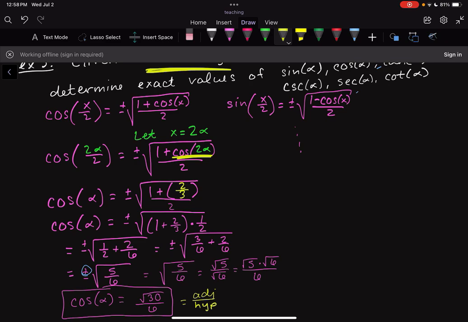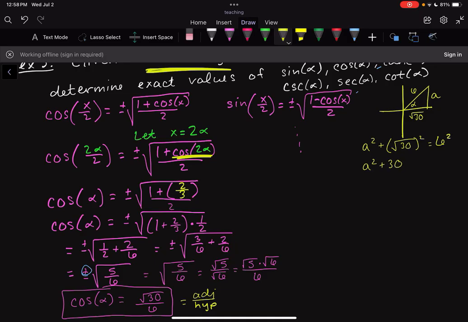So I would just make it into a triangle and say, okay, it's in quadrant 1. So the adjacent side would be root 30. The hypotenuse is 6. Let me go find this other side. I'll just call it a. And I would use Pythagorean theorem. So this would be a squared plus root 30 squared is equal to 6 squared.